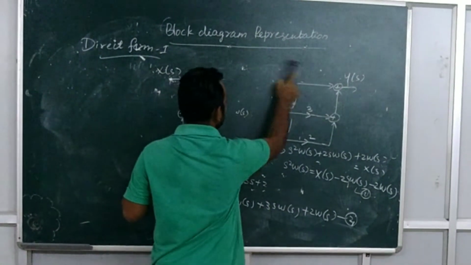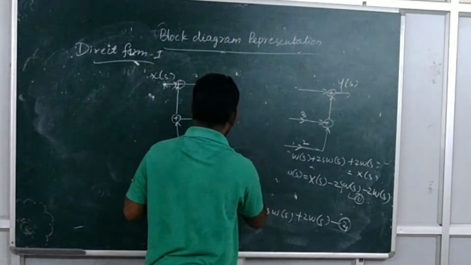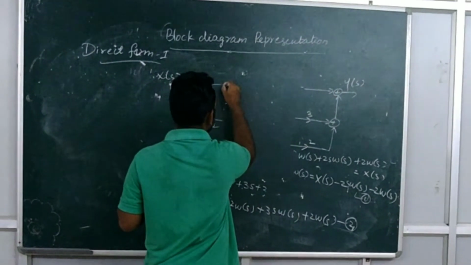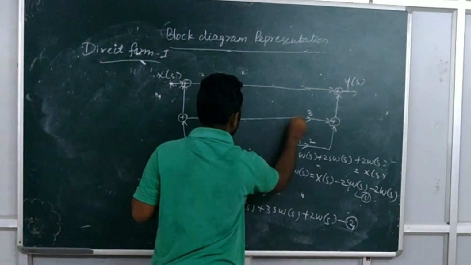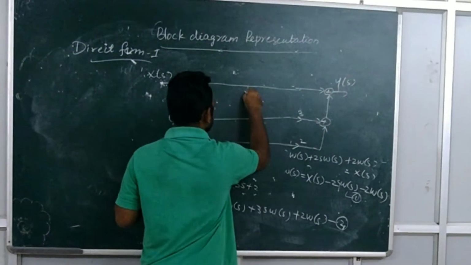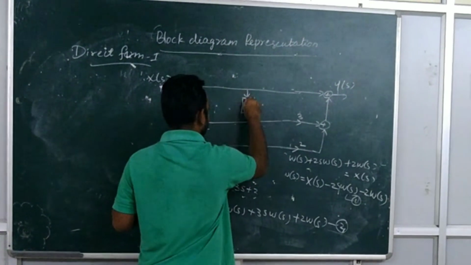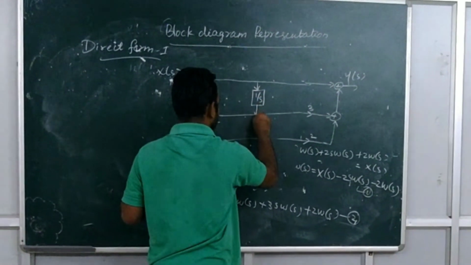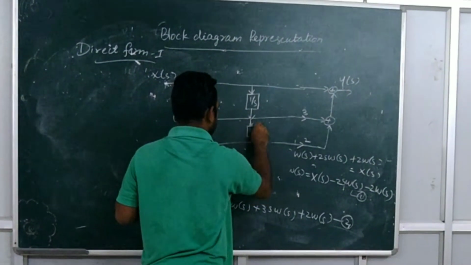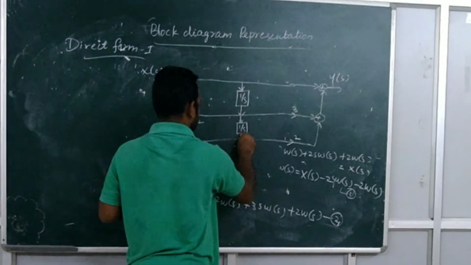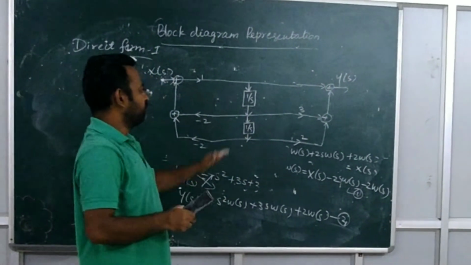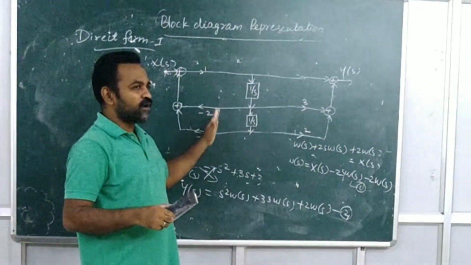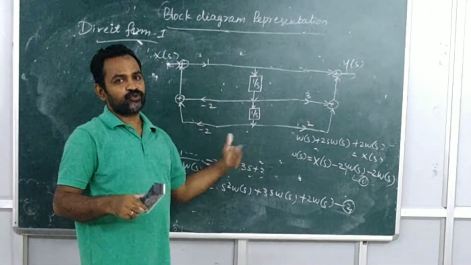Therefore, this diagram is rearranged like this. So now we have like this. So the number of delay elements is reduced to 2.